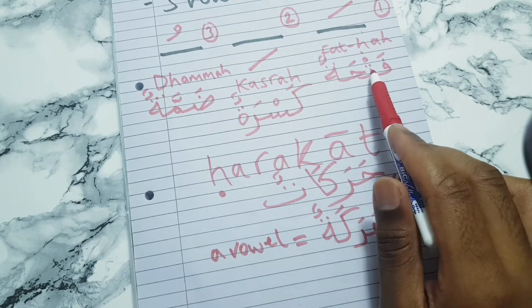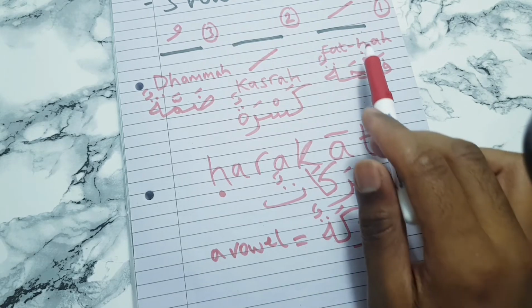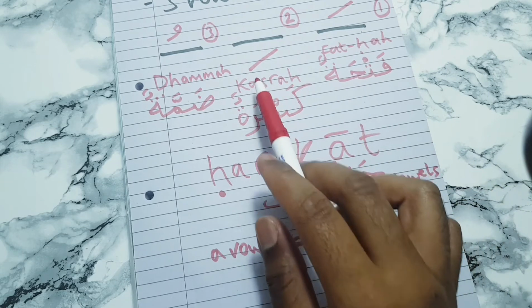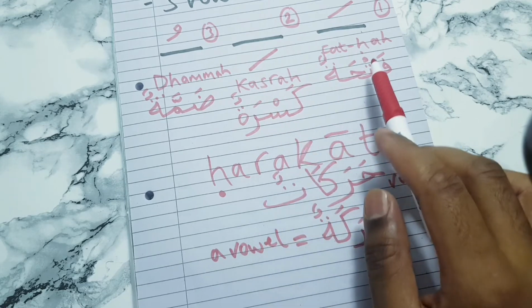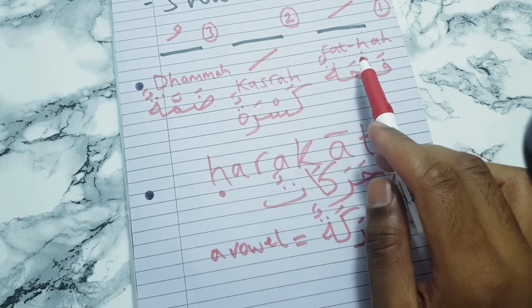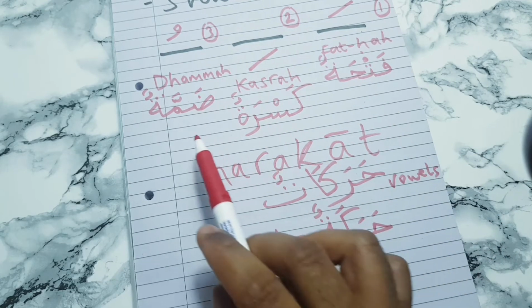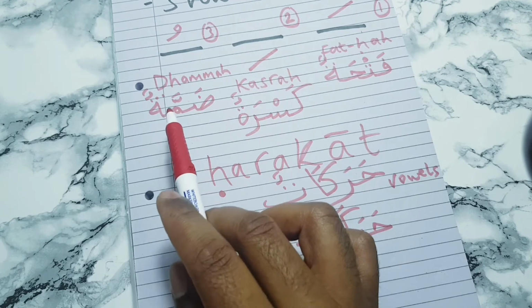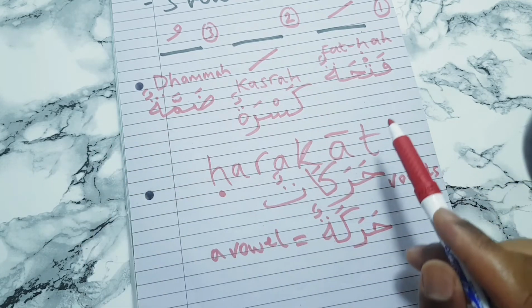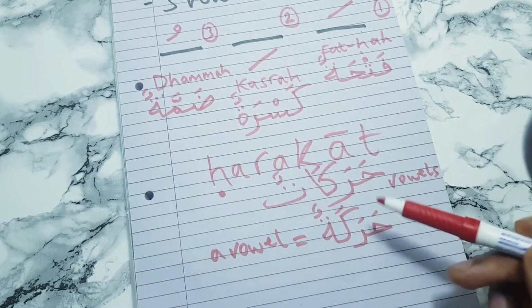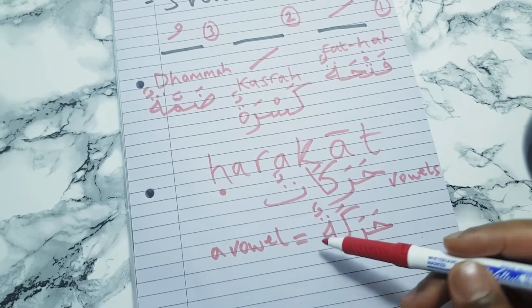So we could say, this is harakatul fath. This harakah is the fath. Harakatul kasra, or harakatul fatha. The fatha harakah. Harakatul kasra, the kasra harakah. Harakatul dhamma, the dhamma harakah. Altogether, harakat. Okay. So what does harakah mean? A vowel.